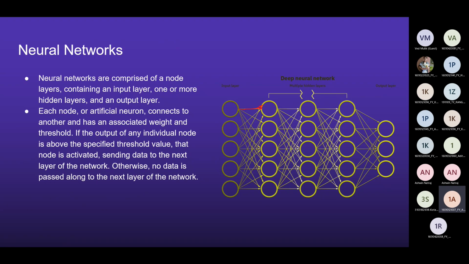Every neuron is associated to the other neurons in the next layer via some weights, and every neuron also has an associated bias. If the output of a neuron is above a specific threshold value, then the data is passed on to the next layer, or the data isn't passed on if it doesn't cross the threshold value. That is how the data is propagated through the neural network.